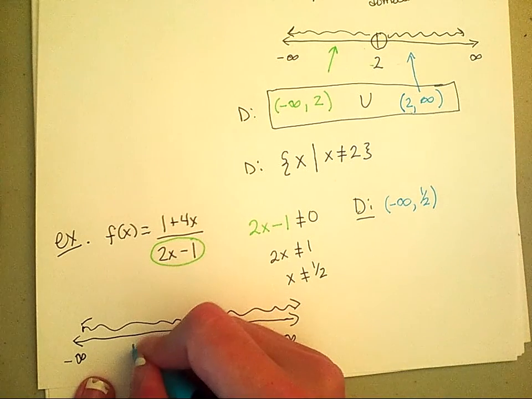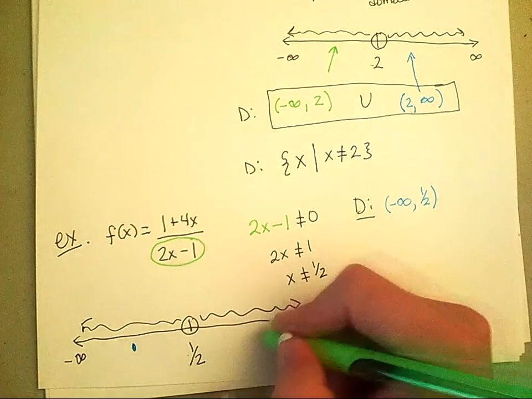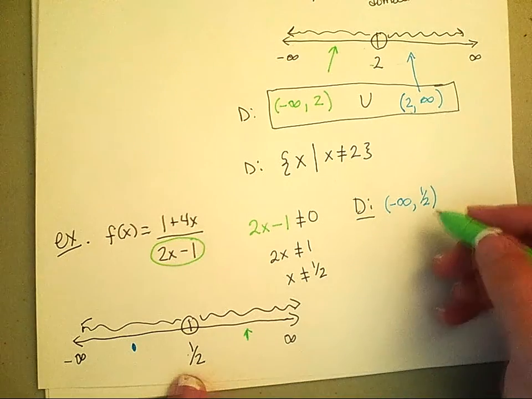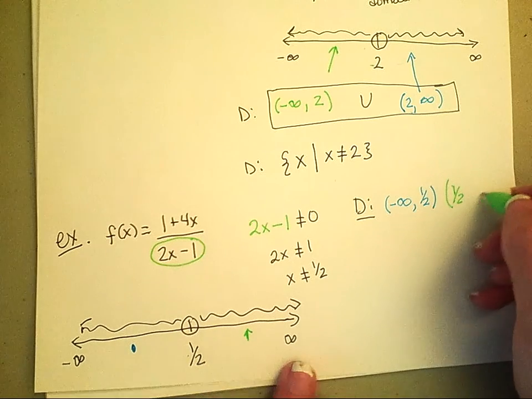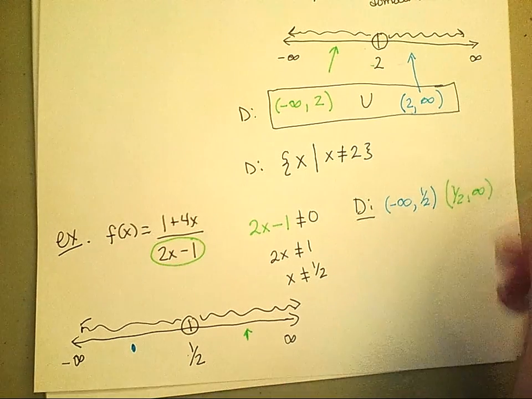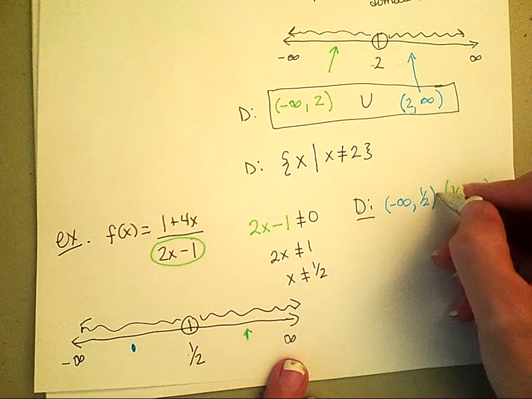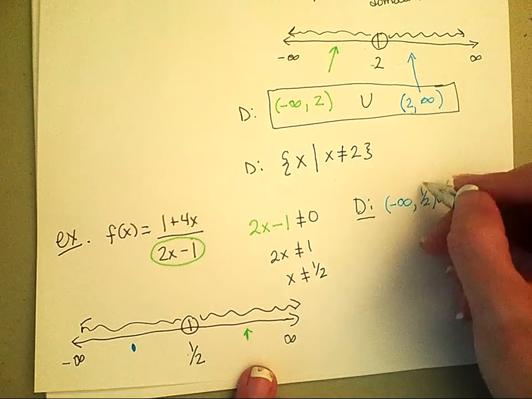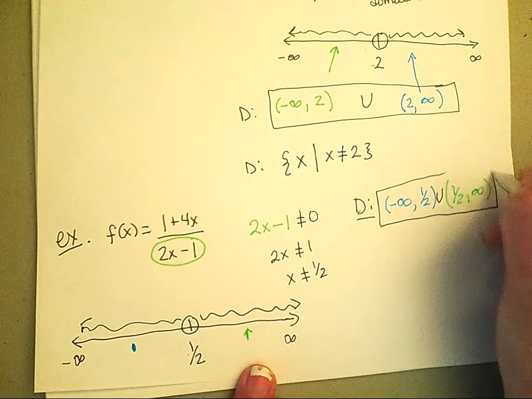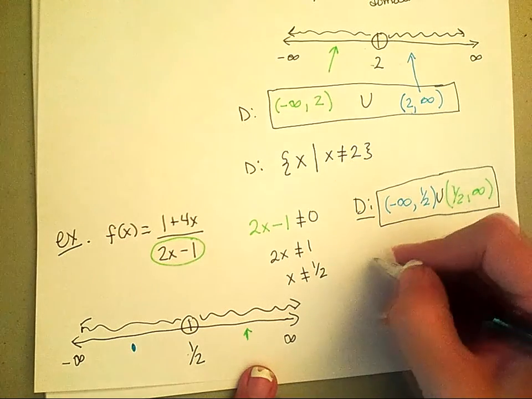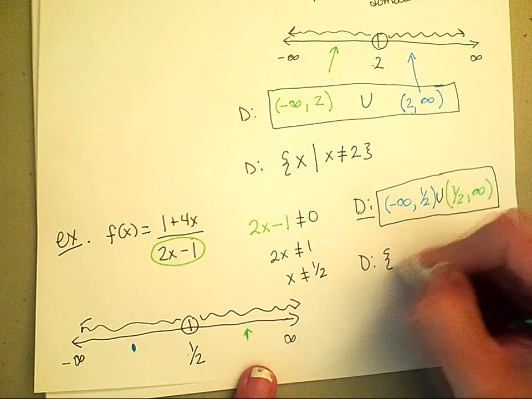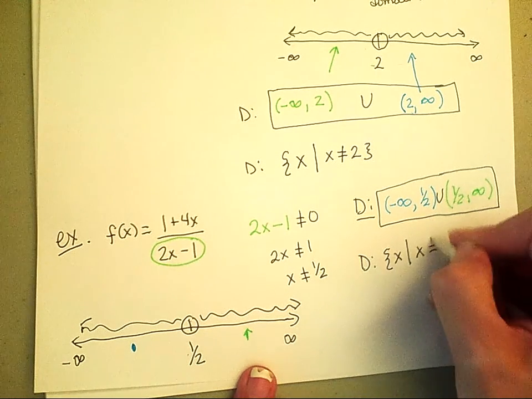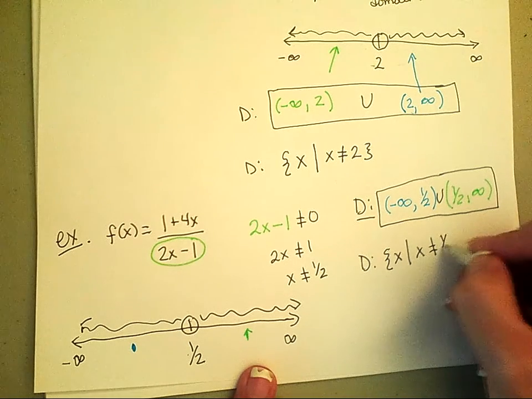Okay, so that's this area. Now this area starts at 1/2, but can't include 1/2, and goes all the way to infinity. And remember, in interval notation, we'll put in the U. Another way to write the domain, then, is the set of all x such that x cannot equal 1/2.